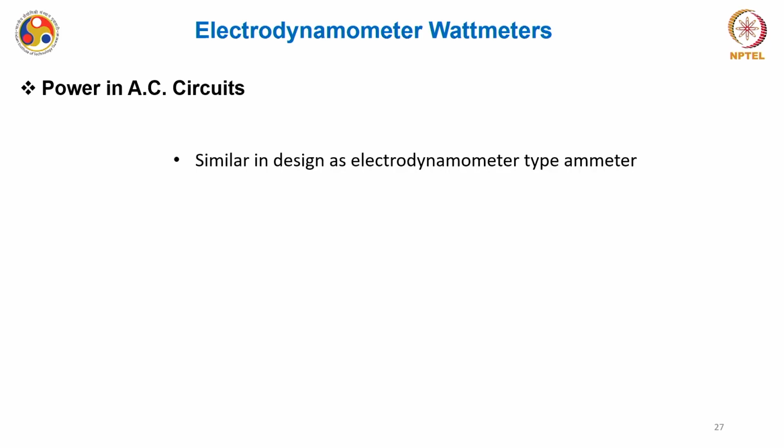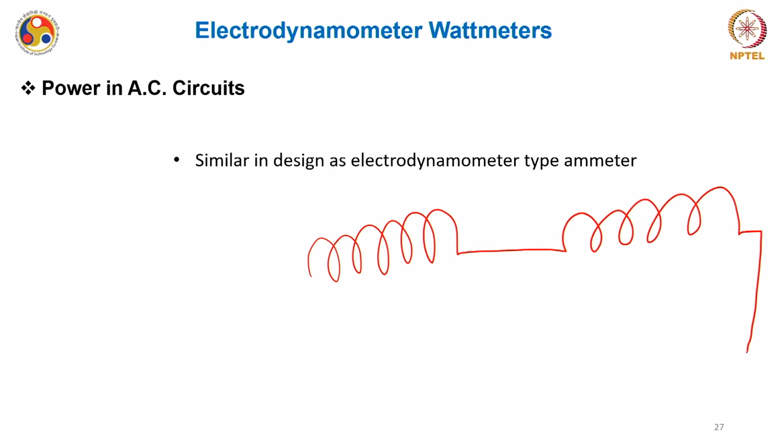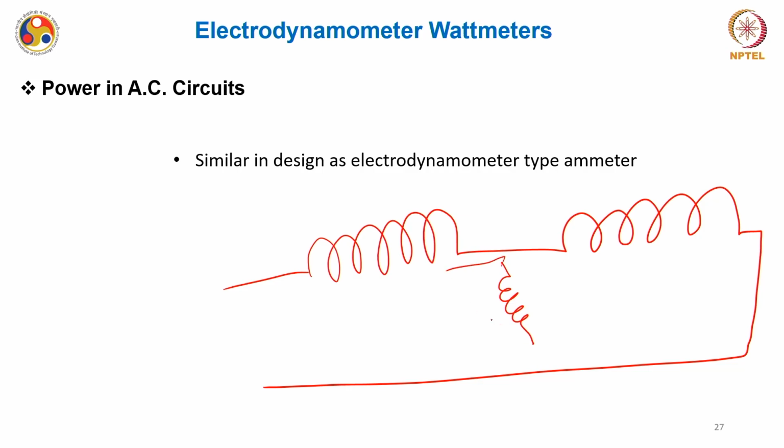The electrodynamometer wattmeter is very similar to the electrodynamometer type of ammeter. If I recall what we saw there, we had a coil configuration like this: a fixed coil and a moving coil. The fixed coil was divided into two parts in series configuration to have maximum flux at the center, so that more flux linkage can happen to the moving coil.